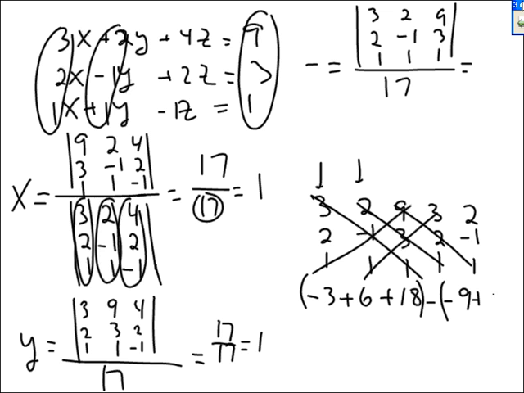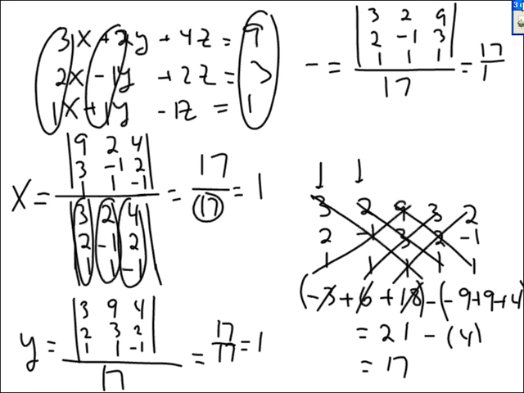Positive 9, which is 0 so far, plus 4. So that second bracket is 4. And the first one is 18 minus 3 is 15 plus 6 more is 21. 21 minus 4 is 17. So you get 17 over 17, which is 1. It's exactly what the answer was supposed to be. X, y, and z all equal 1.